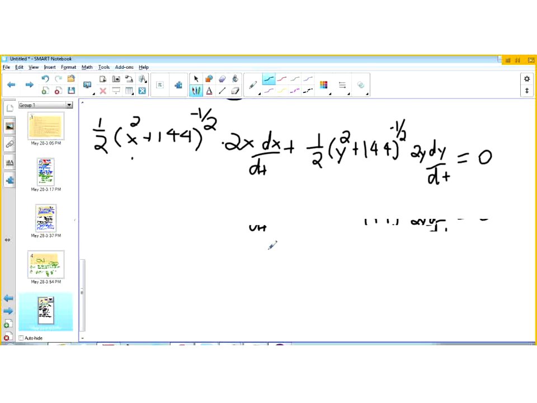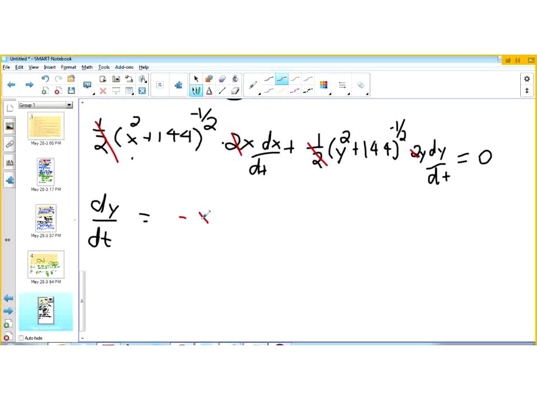All right, so now what do we have here? We have this expression, and so we can solve for dy over dt. So now we solve algebraically for dy over dt. Let's see, we have some cancellations going on here. That cancels, and that cancels.